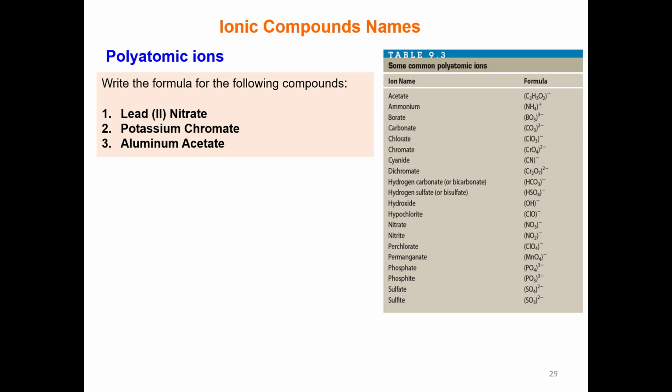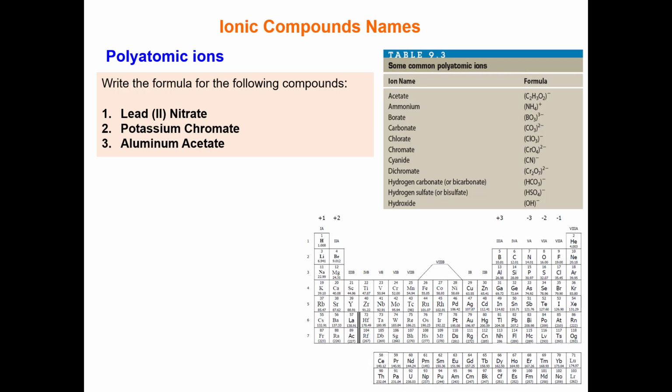And let's try now to write the formulas of these compounds. To do that we will use the information we know. We have the periodic table just in case we need it, and you will have the same periodic table in the test.